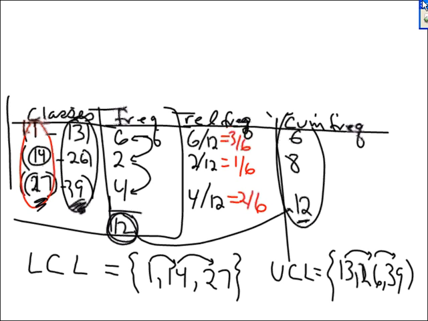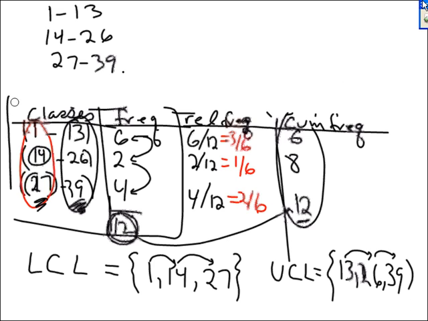Okay. What if you were asked to find the class boundaries? Now, the classes are 1 to 13, 14 to 26, and 27 to 39. Those are the 3 classes. So let's get all of this out of the way.